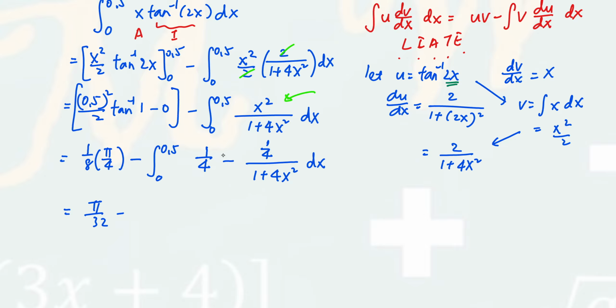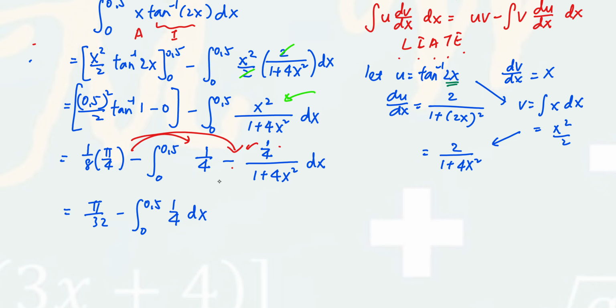So now I split into two integrations. So integrate 1 over 4, 0 to 0.5. Probably you can just write 1 over 4 inside the integration sign. Okay, this is my first integration. Second integration, you have to be careful. Minus minus is a plus. And this 1 over 4, you can take it out.